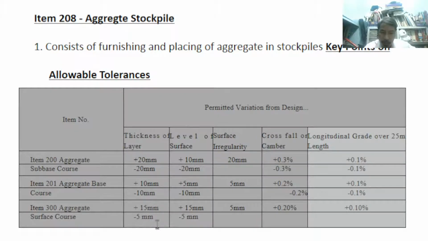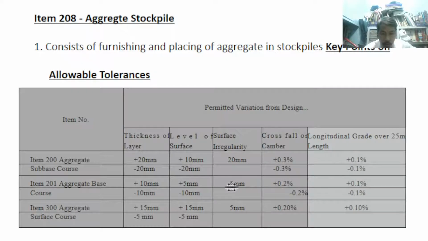That is the tolerance. Then level of surface for aggregate base, plus 5, negative 10 mm. For surface course, 15 mm, negative 5.